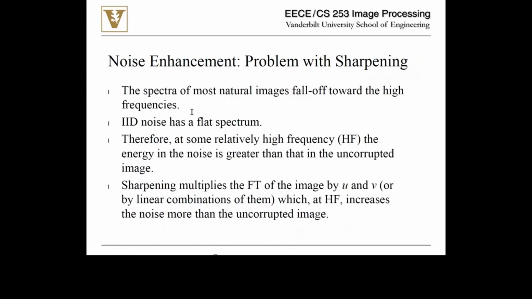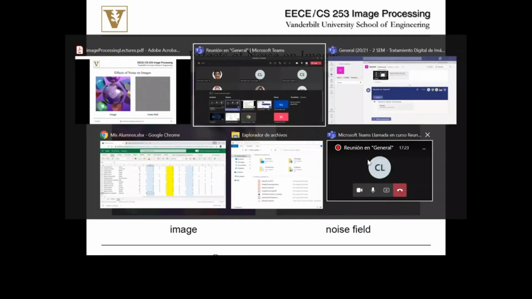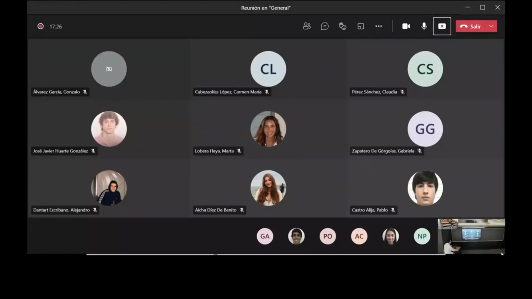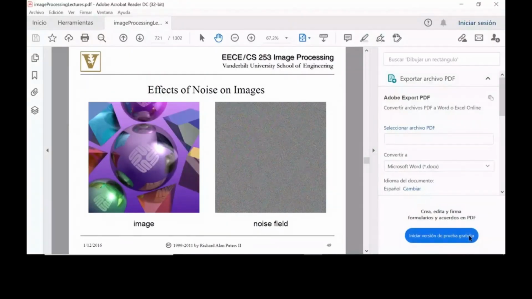Okay, so what is the problem with sharpening and noise? And we saw it yesterday, that the sharpening may also boost the noise. So let's say some examples. For instance, let's say that we have this image, and we have this noise image.